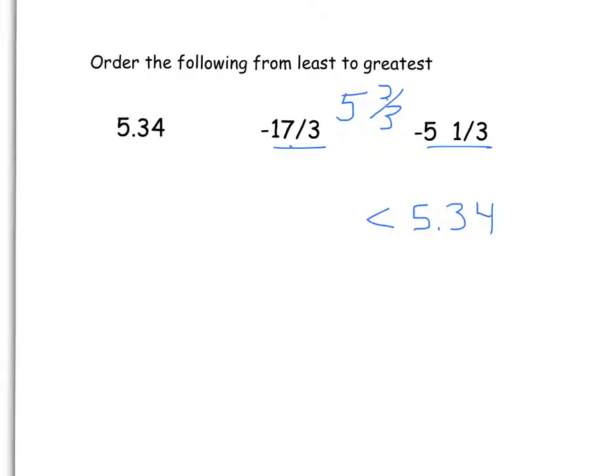So 5 2/3, and it's a negative. Don't drop the negative on your formative. Some of you were forgetting that the further away it is to the left from 0, the less it is. So negative 5 2/3 is less than negative 5 1/3.